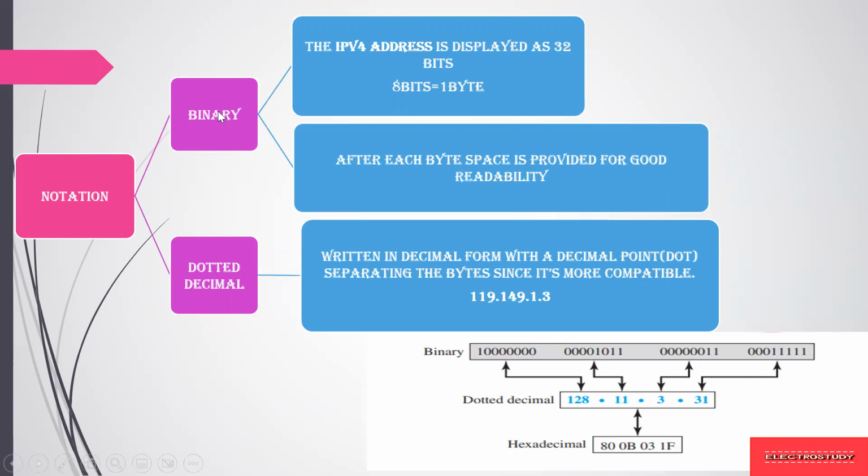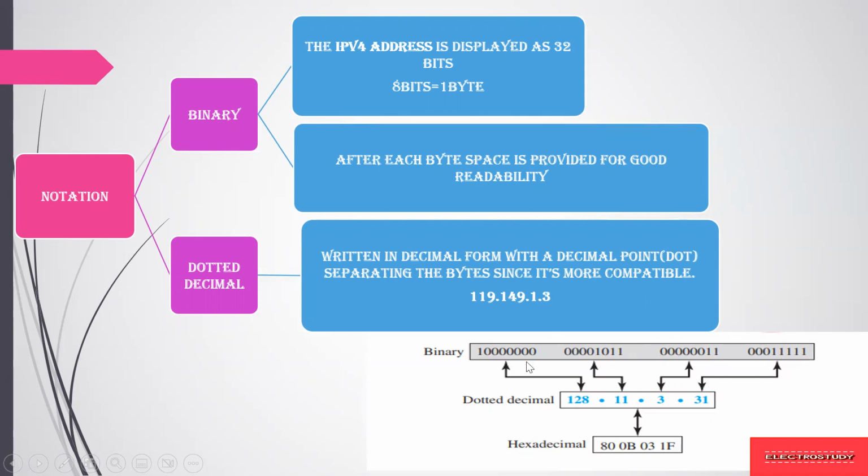In binary notation, the IP address is displayed as 32 bits. 1 byte is 8 bits, so 32 bits means 8 bits, 8 bits, 8 bits, 8 bits, totally 32 bits. After each byte, after 8 bits, there should be some space provided, and after the next 8 bits, again some space. This is how binary notation looks.